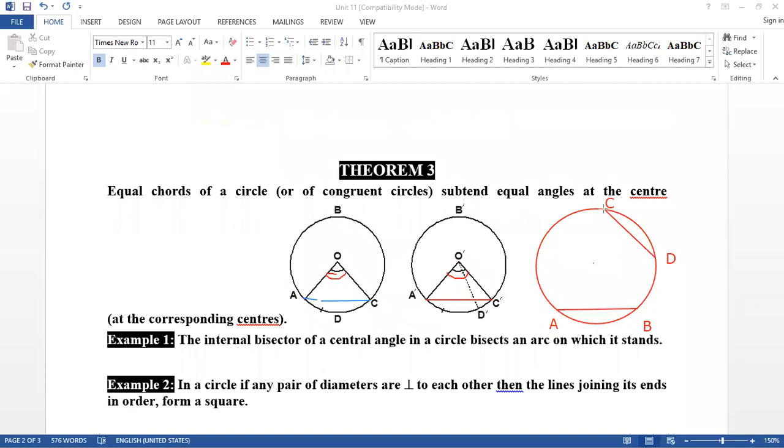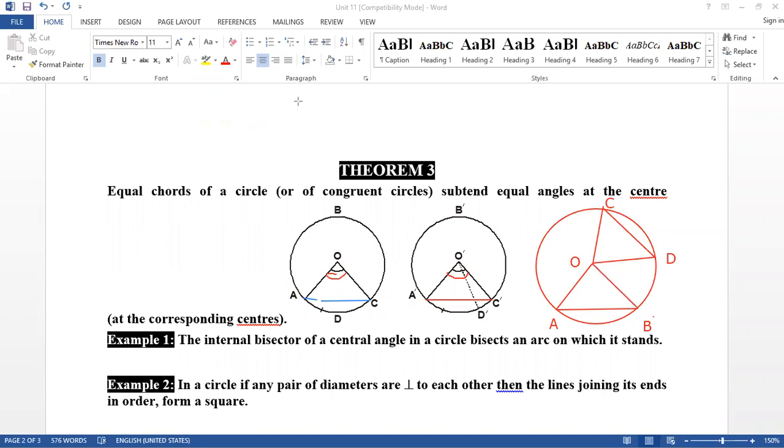according to the statement, this angle which is made by the end points of chord CD, and if we label this point as center, suppose O, then consequently the same chord makes another central angle.